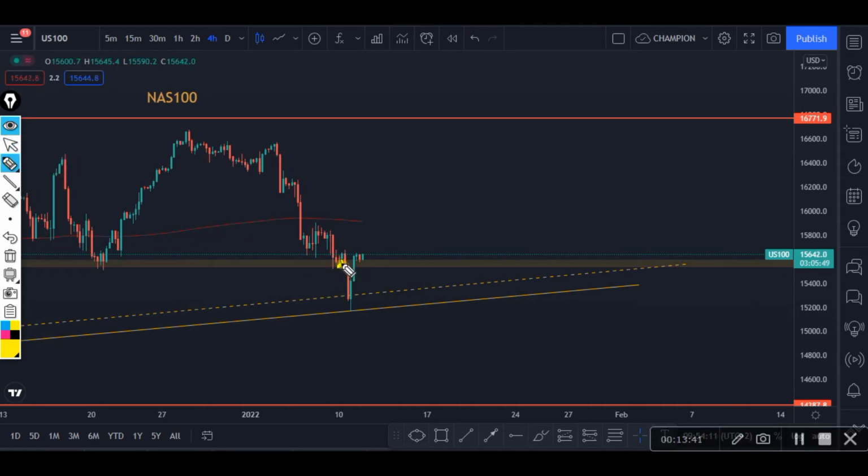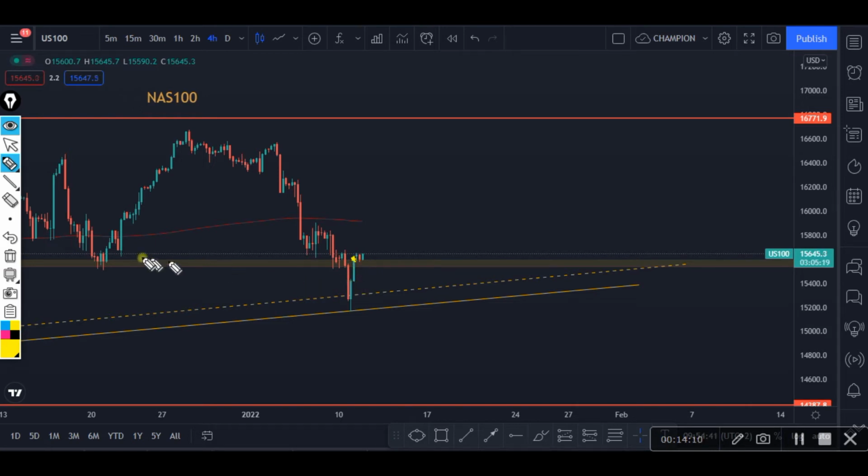It was yesterday, went to hit our overall support zone, which is diagonal, and went up again, broke out of the horizontal support zone, and at the moment the market is playing around our previous support zone.